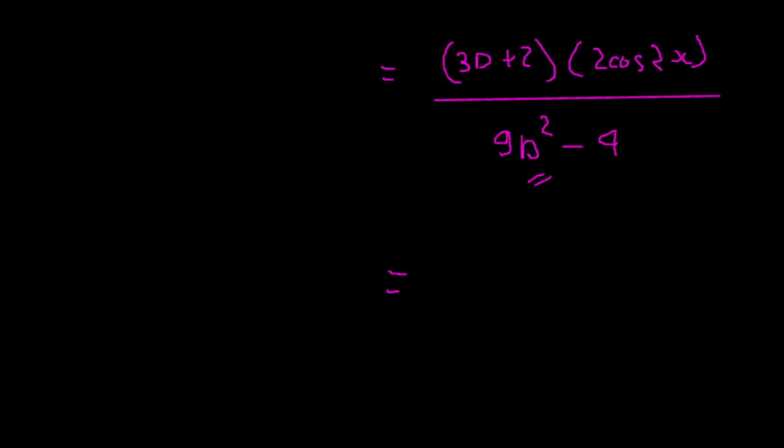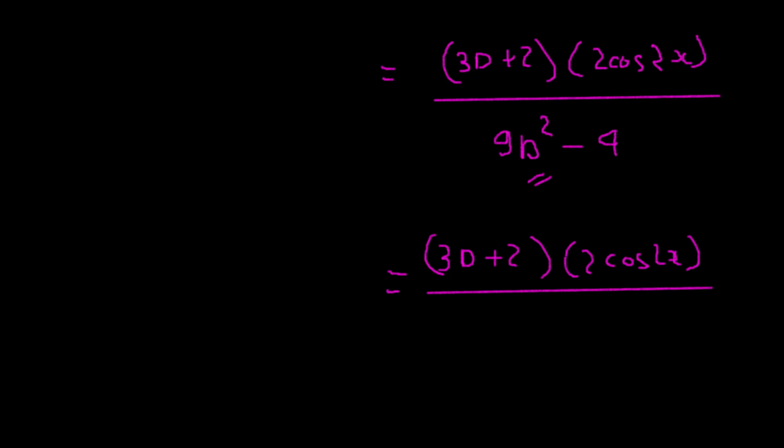So using that, we're going to get 3d plus 2. From here only the basic mathematics remains, nothing conceptual. Putting the value minus 4, we are going to get minus 36 minus 4.